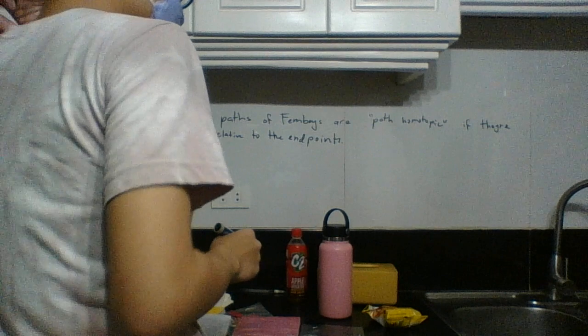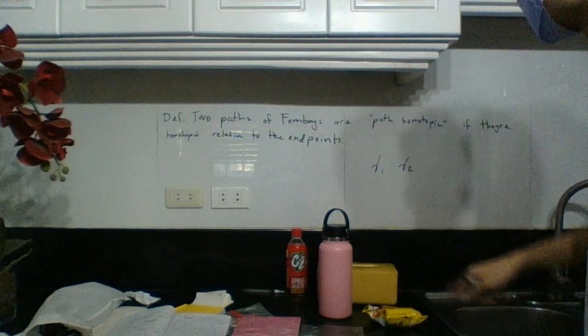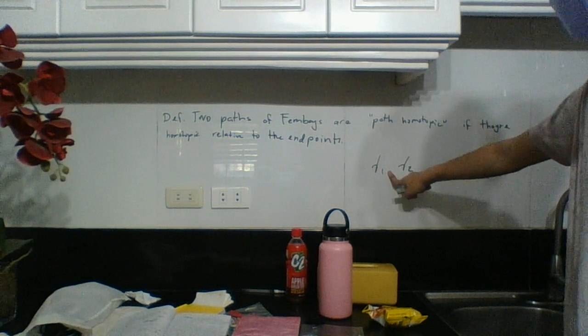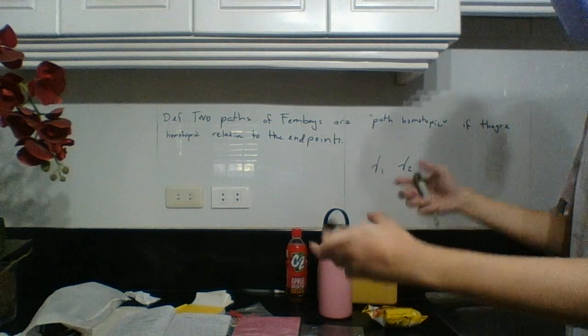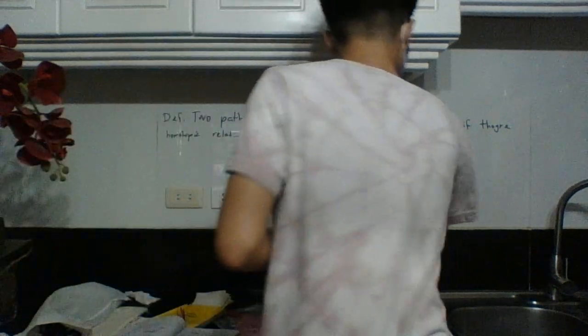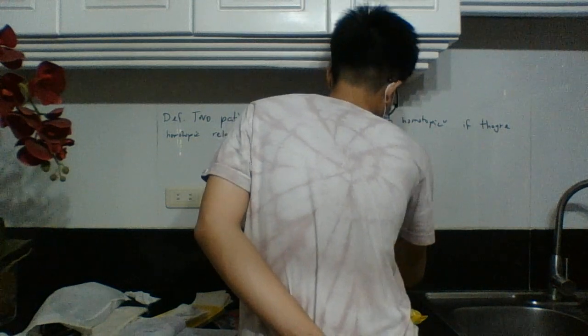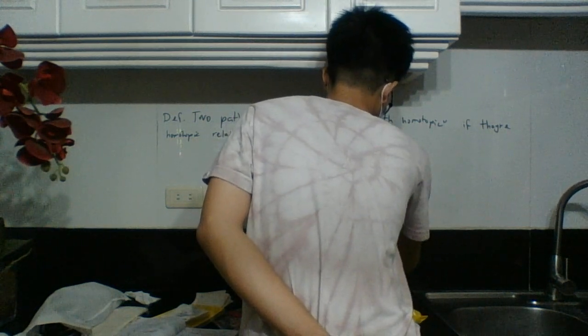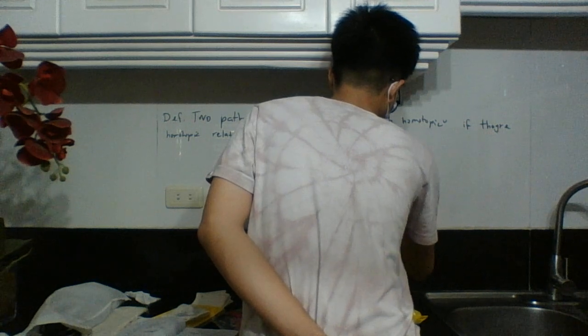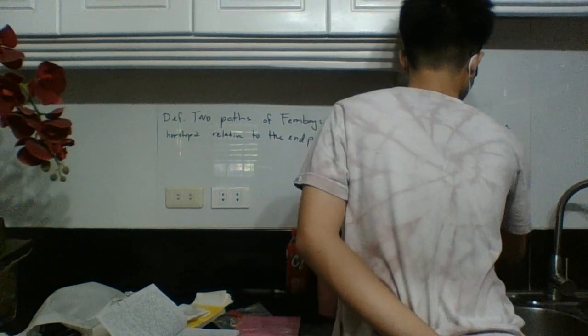So if we have two paths, I'll call them gamma 1 and gamma 2, and we restrict them to the points 0 and 1, they should have the same image under that restriction. So the image of gamma 1 restricted to 0 is equal to the image of gamma 2 restricted to 0.